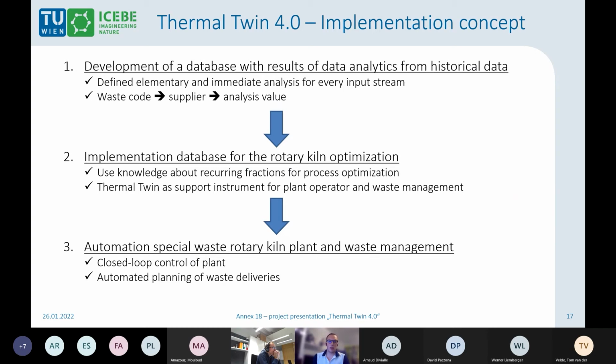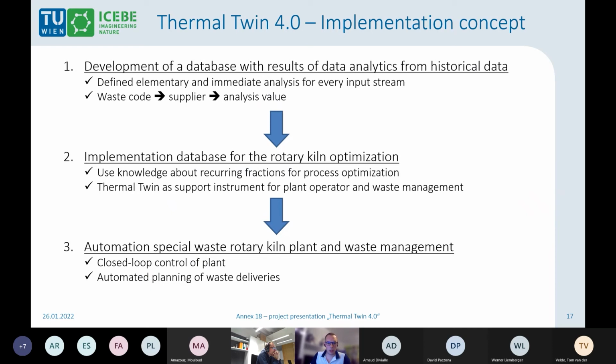So this database and the physical models are not connected directly with the control system now. We get historical data and can build up with it defined elementary and proximate analysis for every input stream we have analyzed, and therefore we can connect the waste code and the supplier with these analysis values.